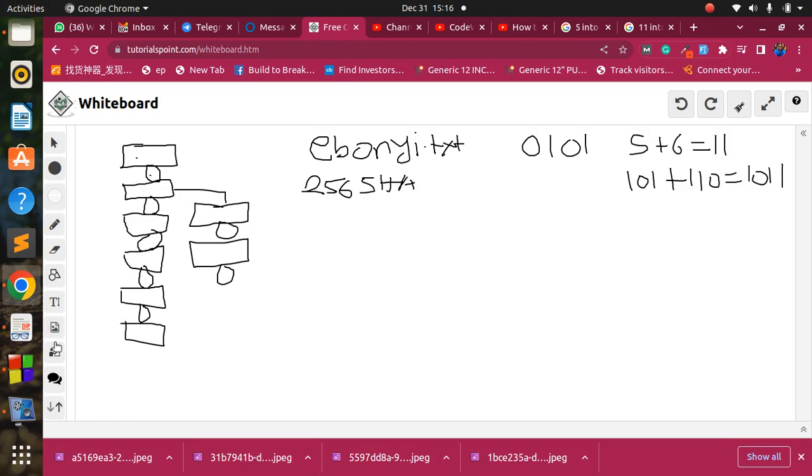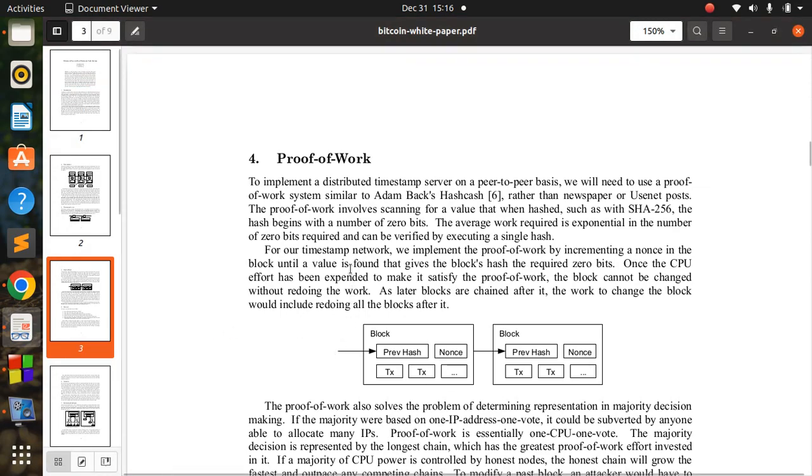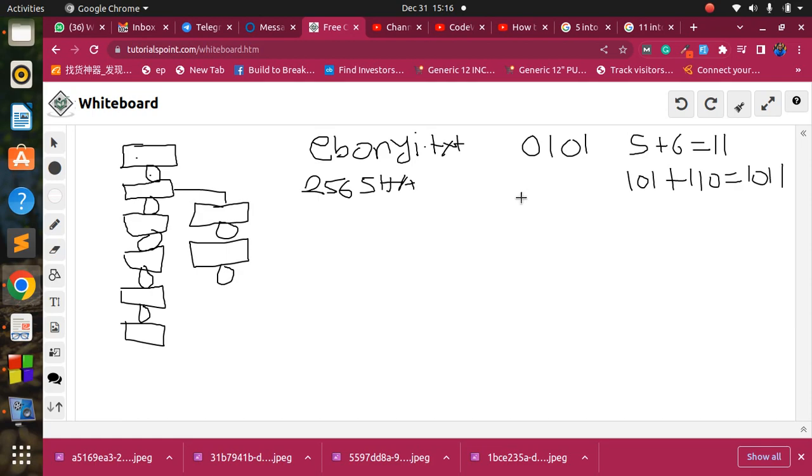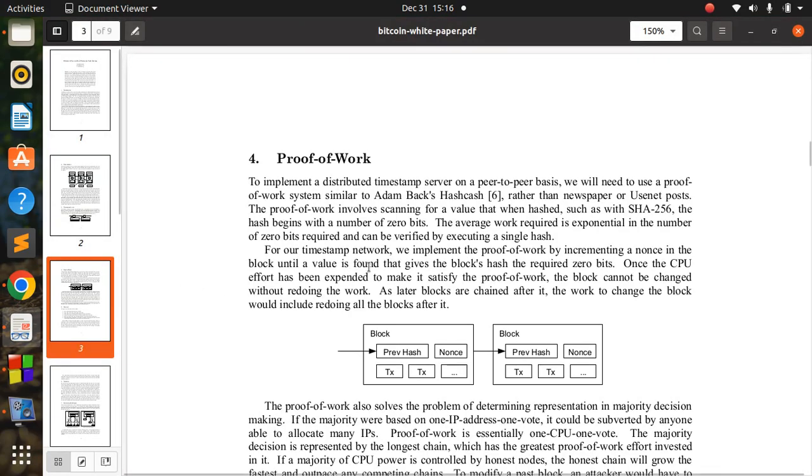Now in our Bitcoin material, to implement the distributed timestamp server on a peer-to-peer basis, we will need to use a proof of work system similar to this. Proof of work involves scanning for a value that, when hashed, such as with SHA-256, the hash begins with a number of 0 bytes, meaning it has to start with a number of zeros.